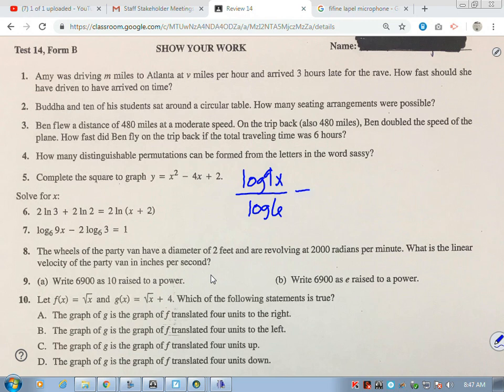Oh, I've got to move this guy up here, right? So what is 3 squared? 9. So I'm going to write log 9 over log 6 equals 1. Okay? How many of you remember to start that way?